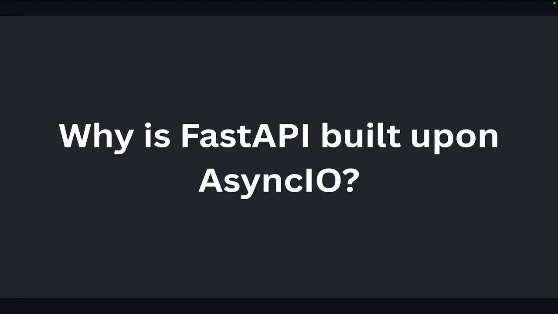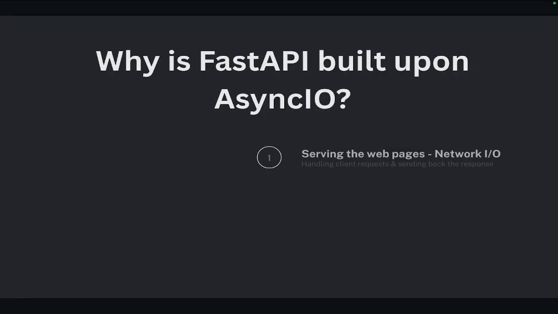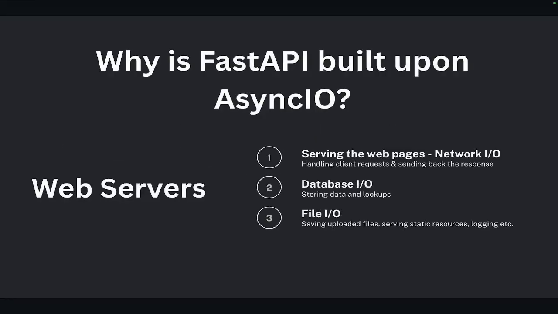All right, let's address the main question. Why is FastAPI built upon AsyncIO? FastAPI is a web framework, and it has been built to best suit the nature of web servers. The most obvious job of a web server is to serve web pages and web apps. While doing so, they are fully engaged in network I/O.